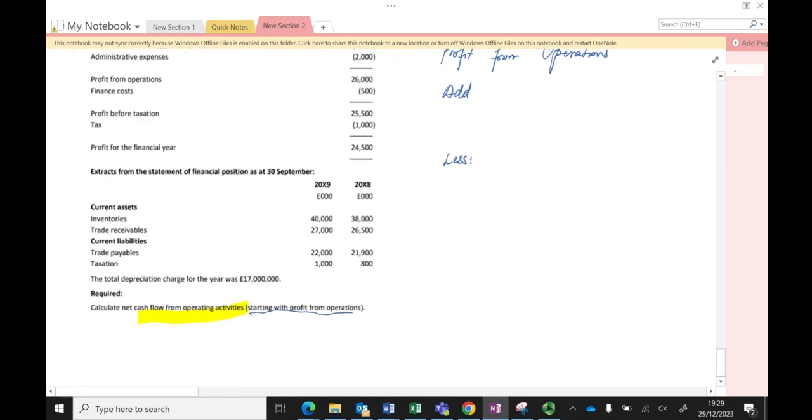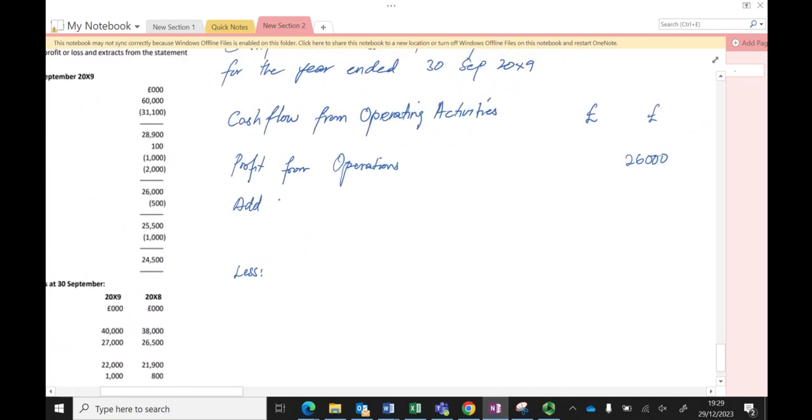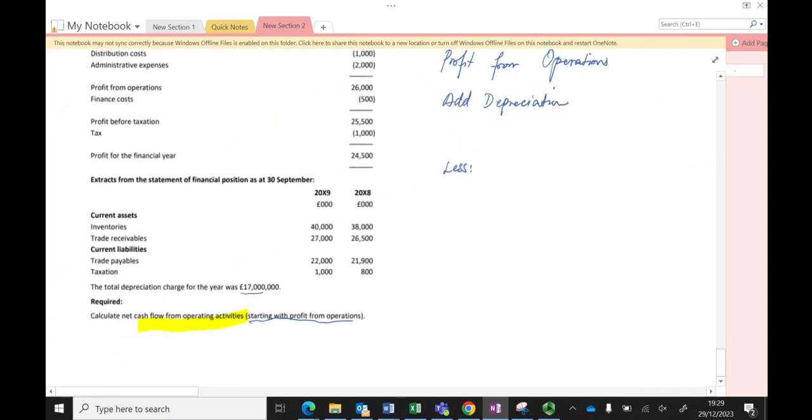So straight away we need to add back the depreciation which has been subtracted from the profit. And that is 17. Well, this is 1,000 and this is also 1,000. So that is 17 million.